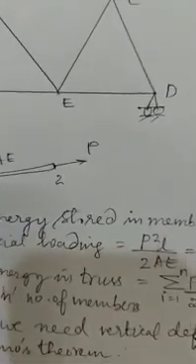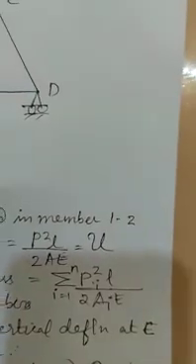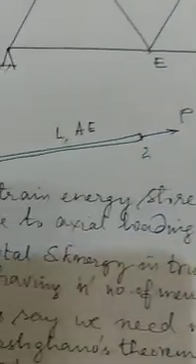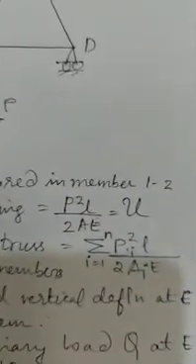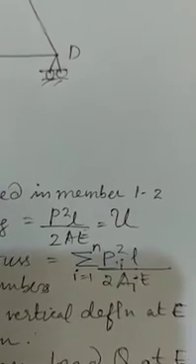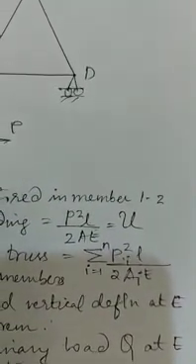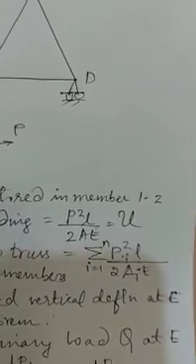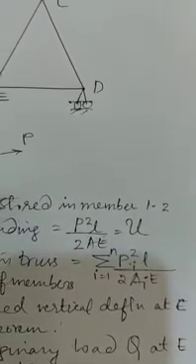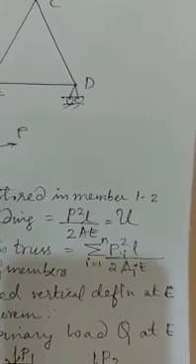the strain energy stored in that member 1, 2 due to axial loading is equal to P square L by 2 AE. We have discussed how you get this equation for strain energy due to axial loading in the earlier classes when we started on energy methods.